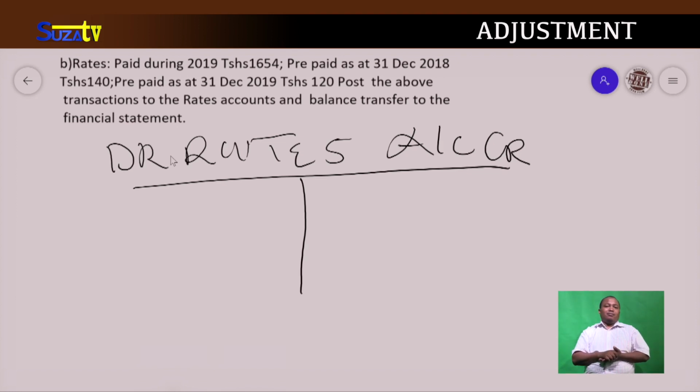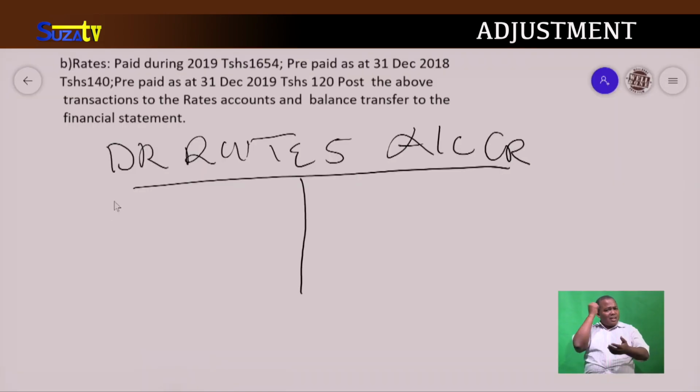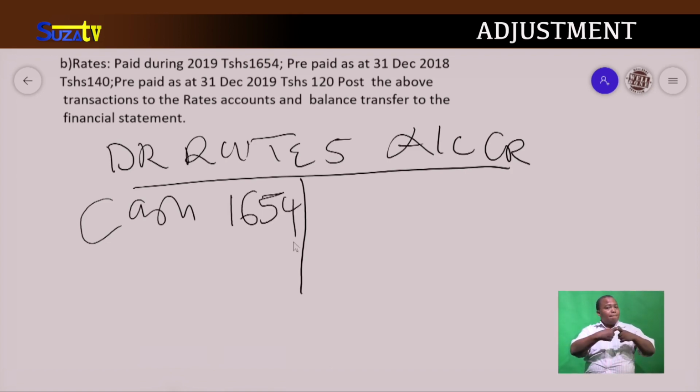Post the above transactions to the rates account and transfer the balance to the financial statement. The rates paid during the year, this is the amount received by the rates, should be recorded on the debit side by saying cash received, cash 1,654.